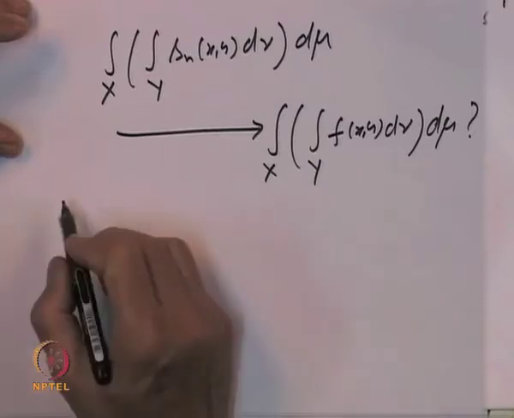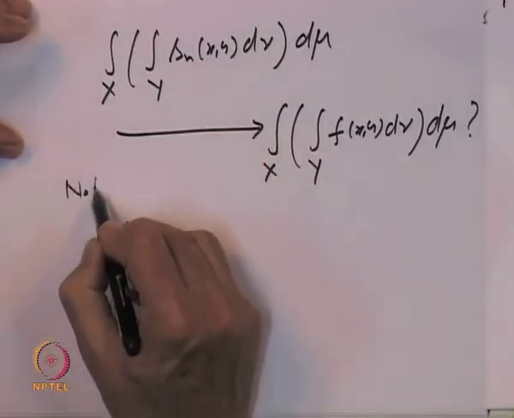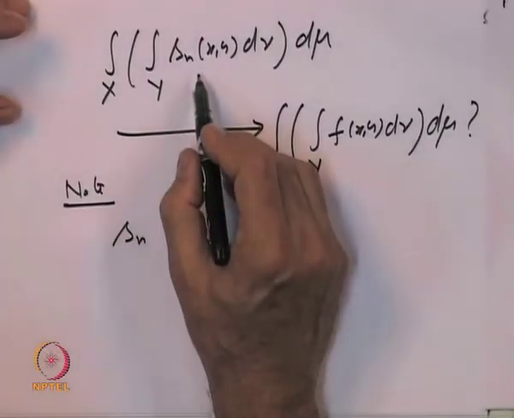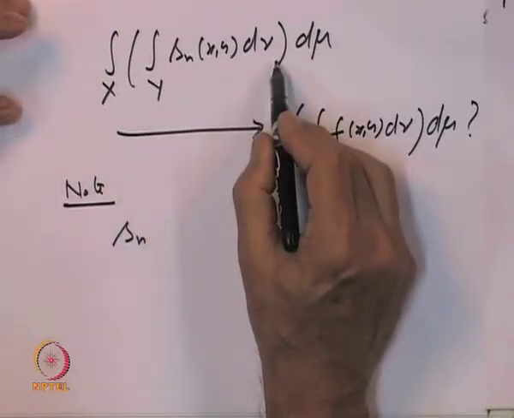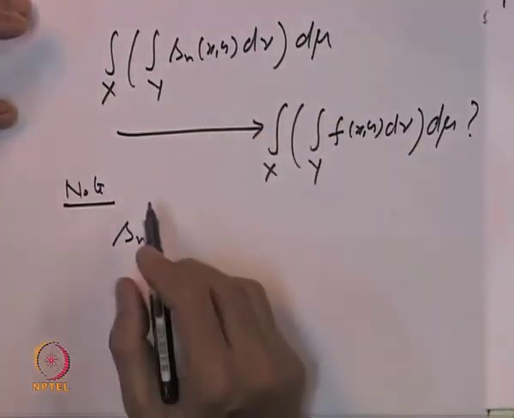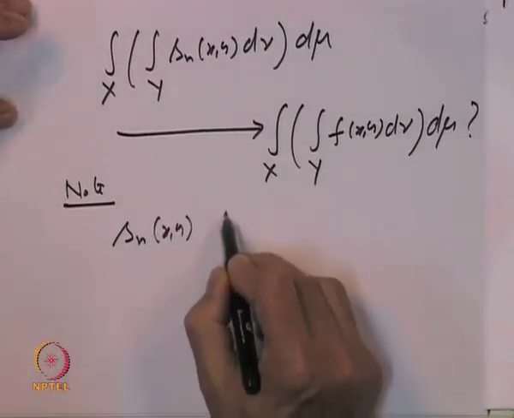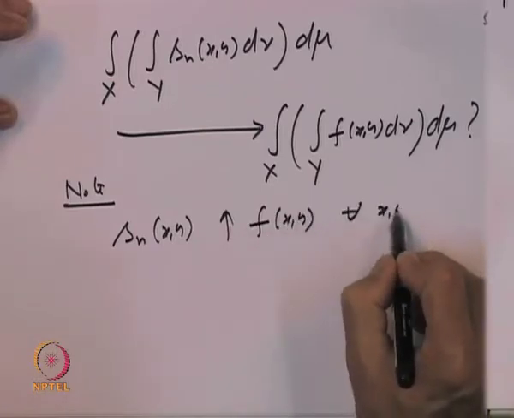So, here are the steps for proving this. First of all, let us try to prove that the integral over y with respect to nu converges to the corresponding integral. For that, let us note that s_n(x, y) is increasing to f(x, y) for every x and y.